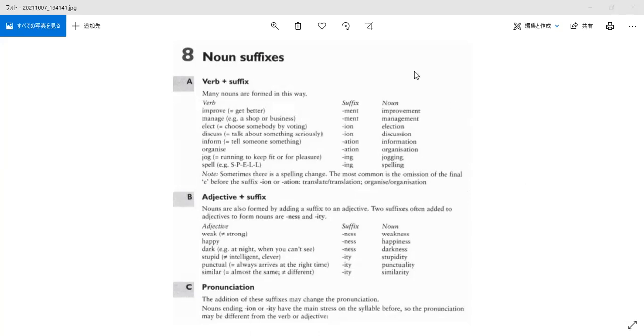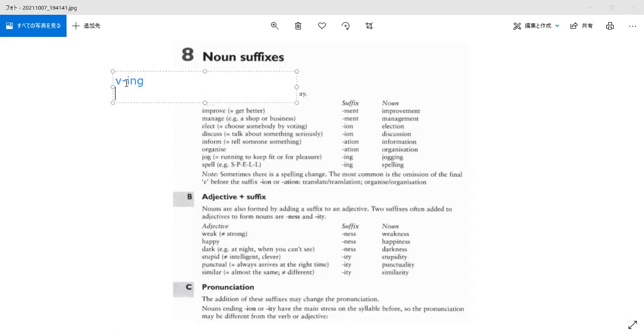This is kind of a little bit tricky to explain. If you remember, we have verb-ing. We learned about verb-ing on the previous meeting, right? On the verb-ing, it depends on your sentence.